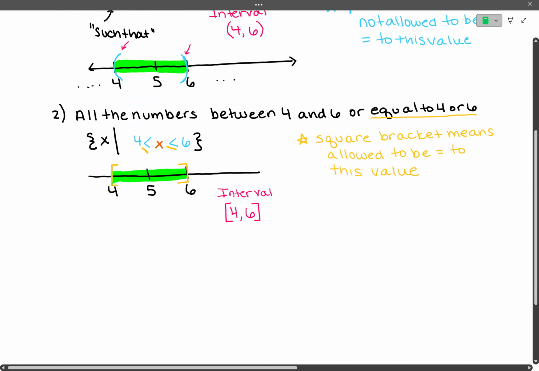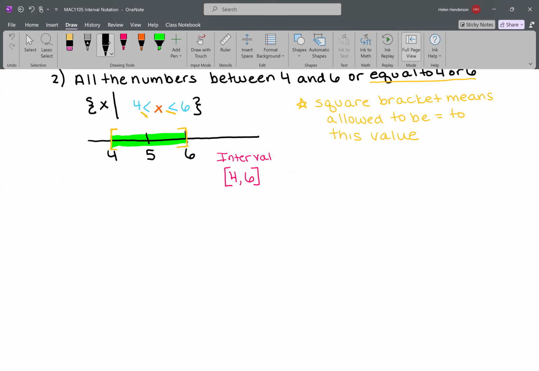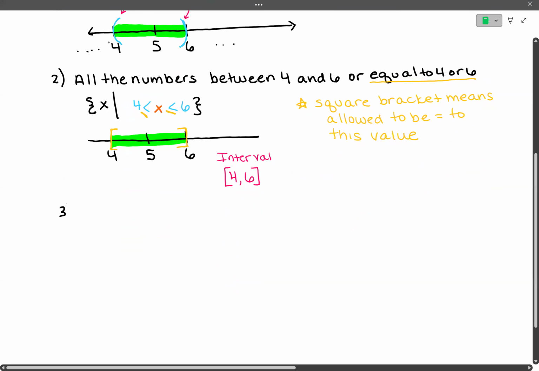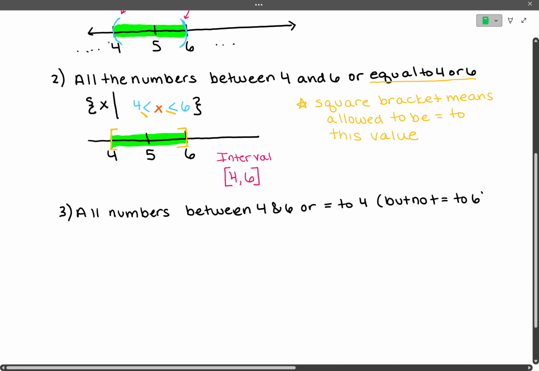So let's finish up just with these same numbers, 4 and 6. Let's do all the numbers between 4 and 6, or equal to 4, but not equal to 6. Again, see how many words that is? You want to have symbols so you don't have to write so much.